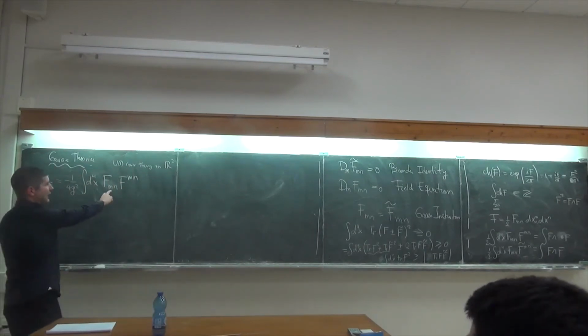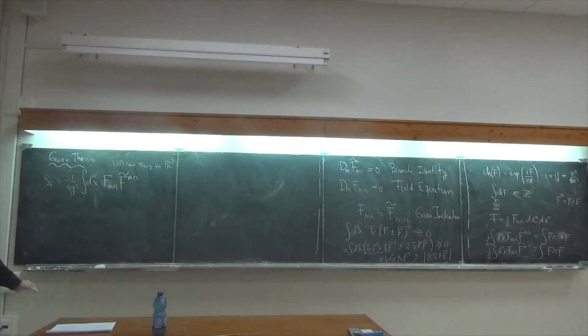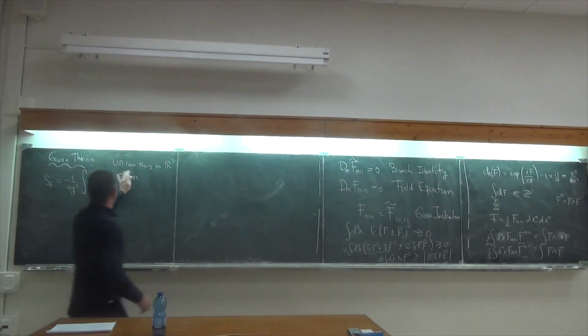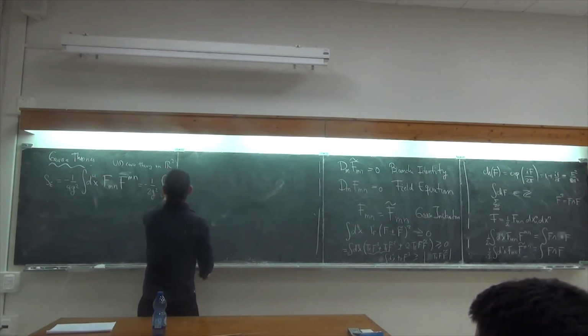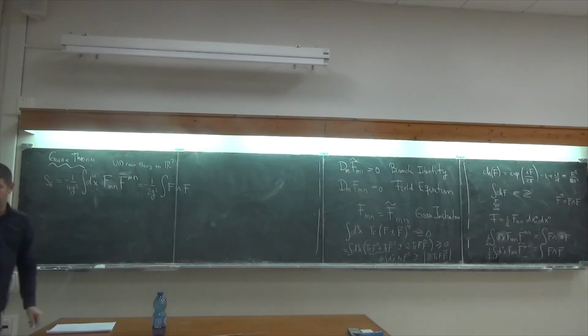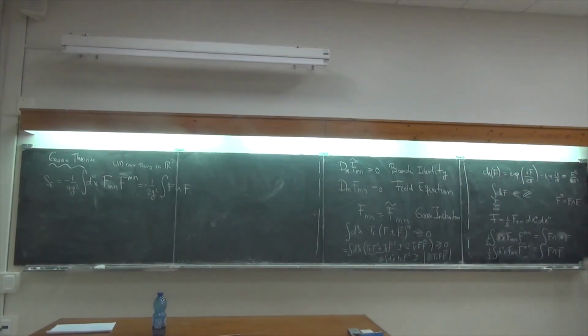And we say that F is self-dual, therefore I can put a tilde. Then this is minus 1 over 2 g squared integral of F wedge F. But F wedge F, we learn from here, is equal to minus 4 pi squared times an integer.